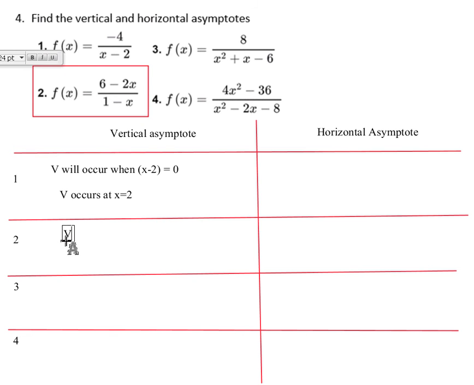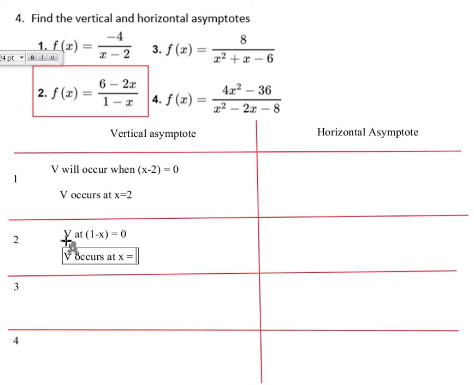So the denominator is 1 minus x equals 0. So what might x be? Yeah.